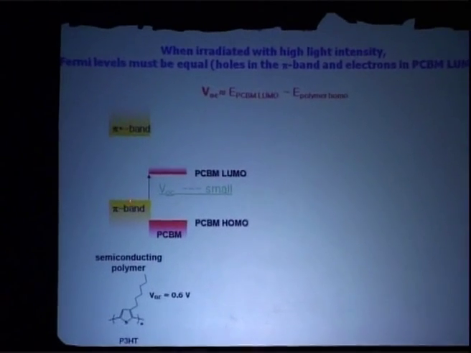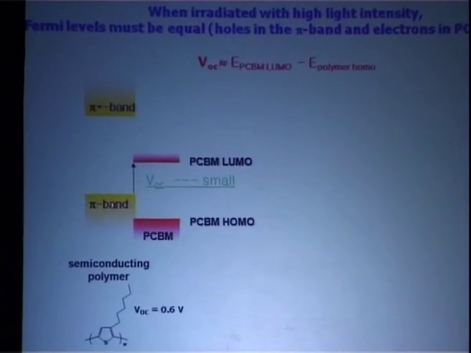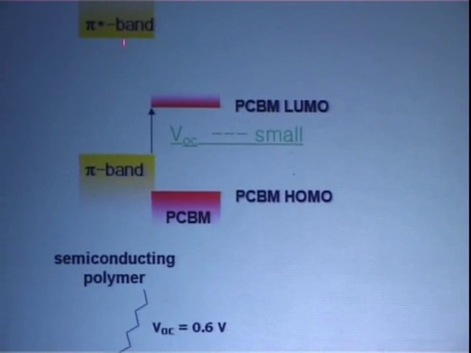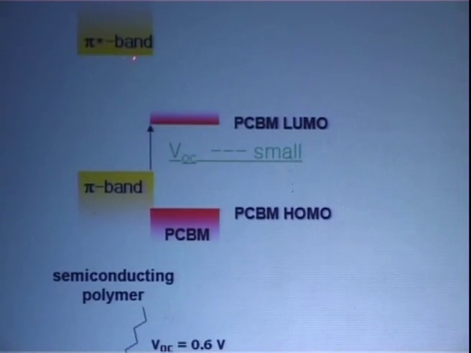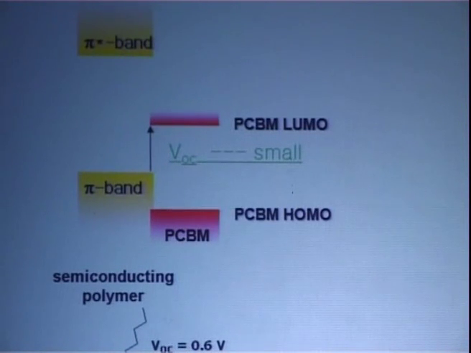But, and I drew this more or less to scale, you absorb, let's say, a roughly 2 eV photon, and then you give more than half of it away in the charge transfer process, and you end up with an open circuit voltage which is only 0.6 volts.